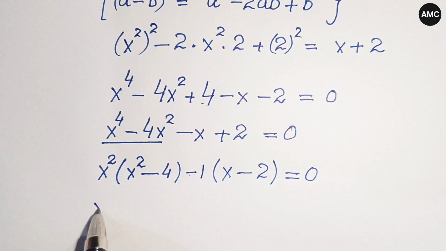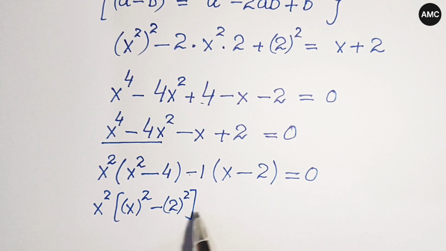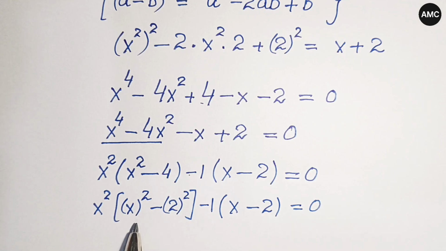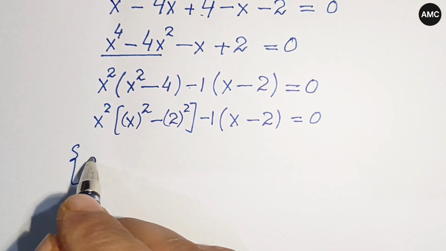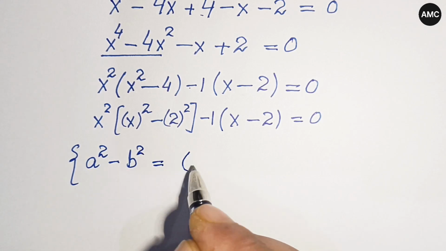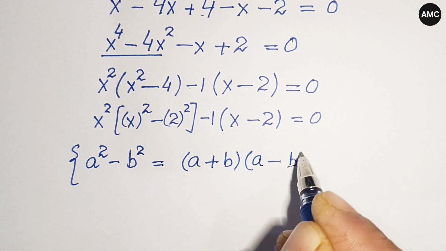Now x squared times, that is x squared, and minus 4 can be written as 2 squared, minus 1 times x minus 2. Here we have made a nice algebraic identity, that is a squared minus b squared, which is equal to a plus b times a minus b.